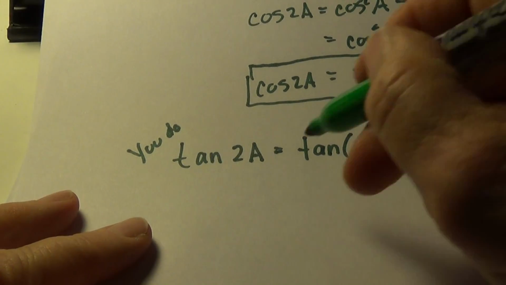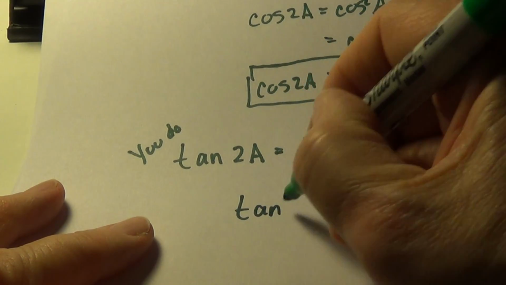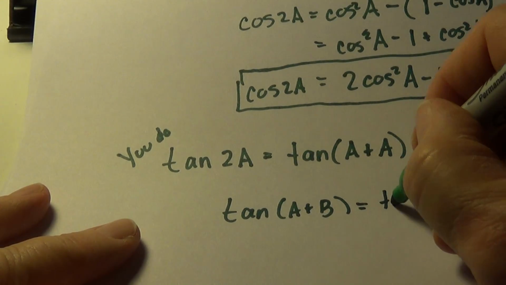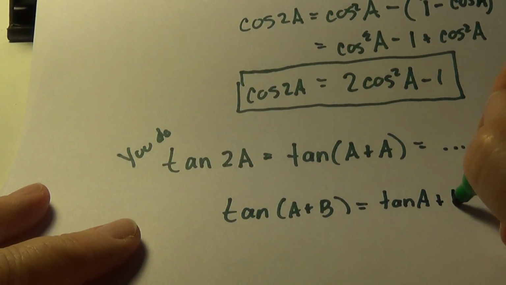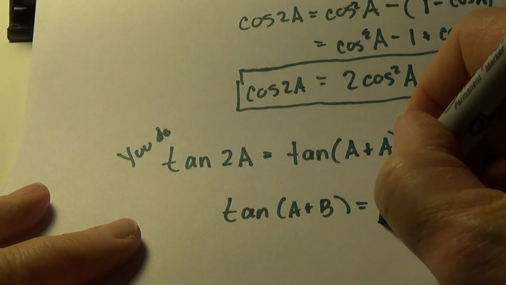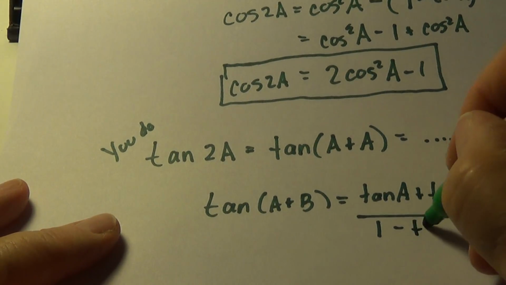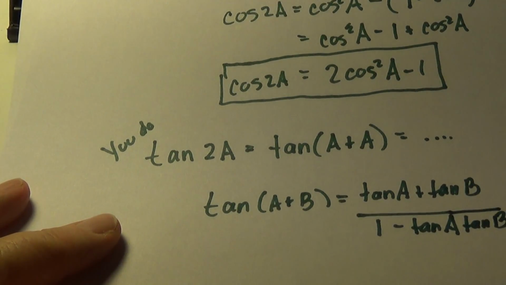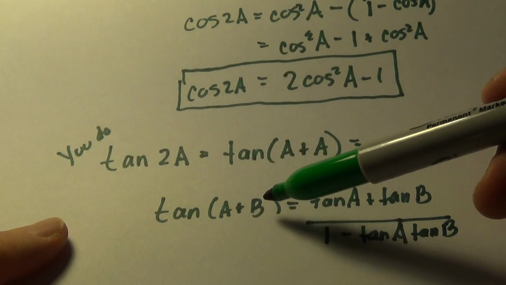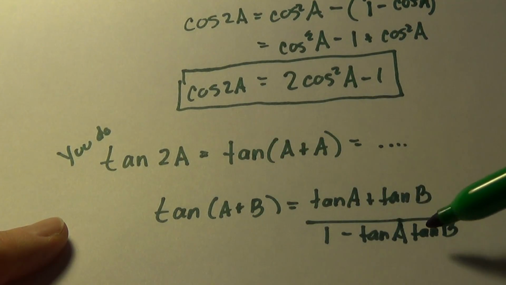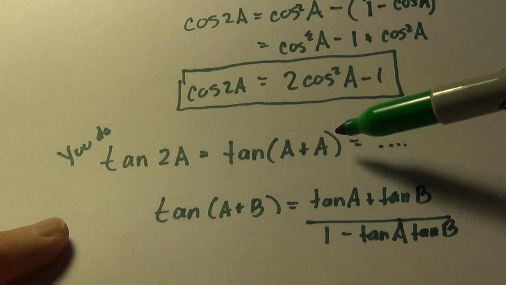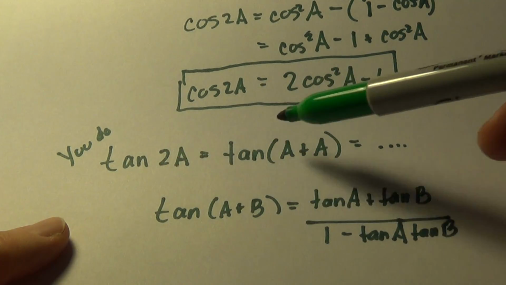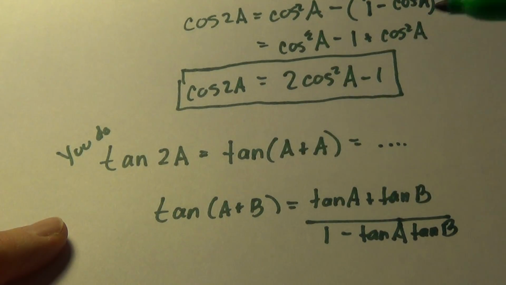And let me remind you, tangent of a plus b was tangent a plus tangent b over 1 minus tangent a times tangent b. So can you use the fact that the tangent of a sum is this to come up with a formula for the tangent of 2a, given that 2a is the tangent of a sum a plus a.